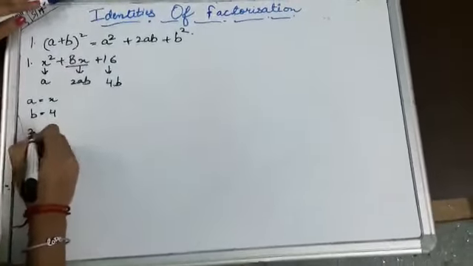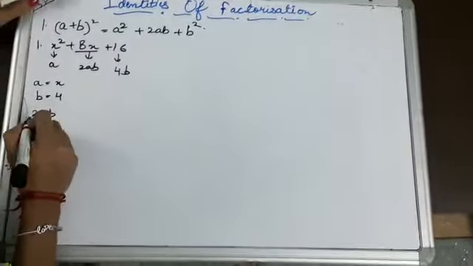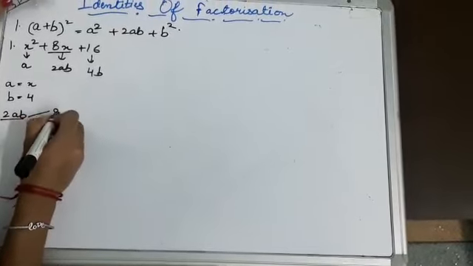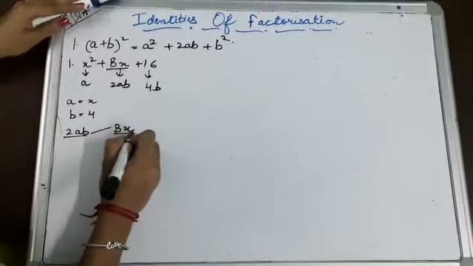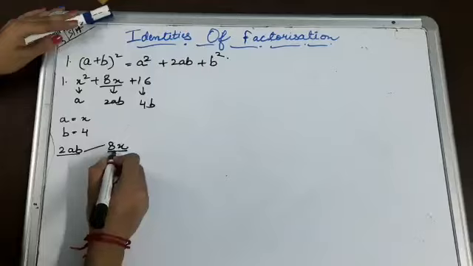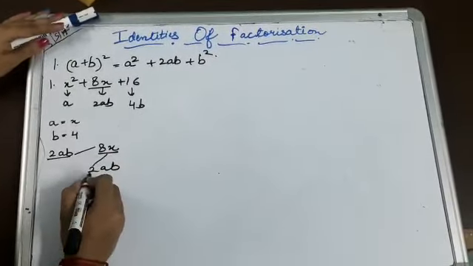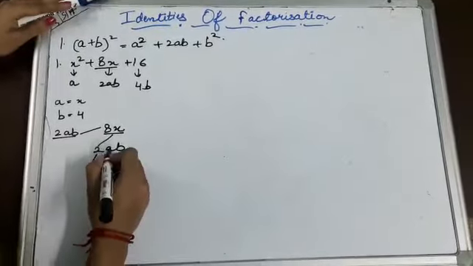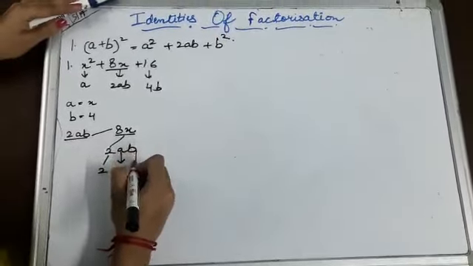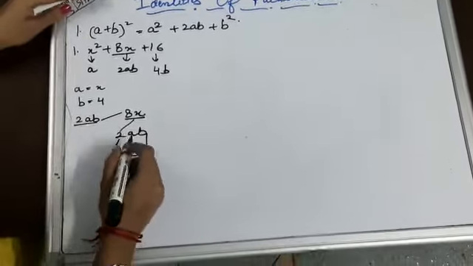Now for 2ab we have 8x. How to factorize this 8x? So according to the formula 2ab, here 2 comes as it is, a is x and b is 4. So how do we write 8x?